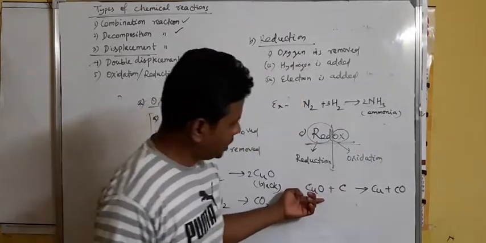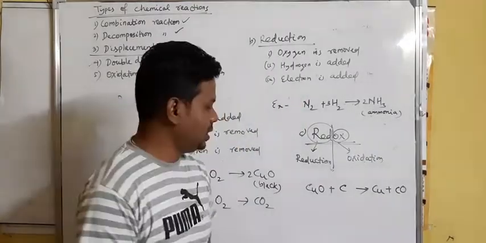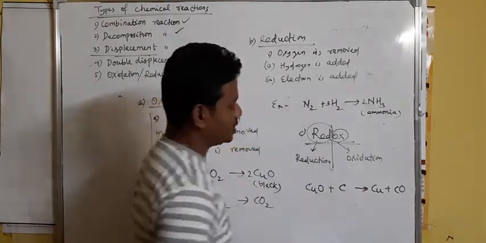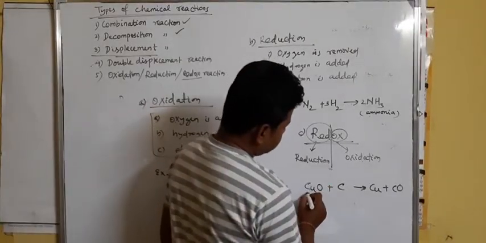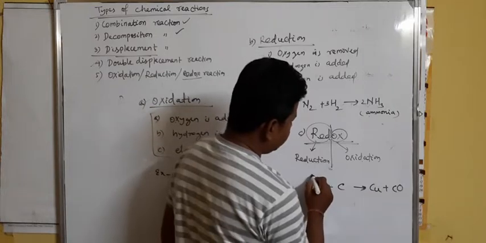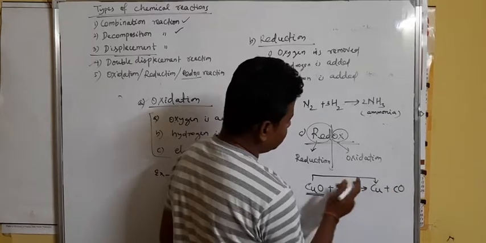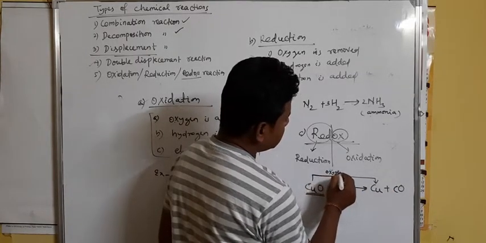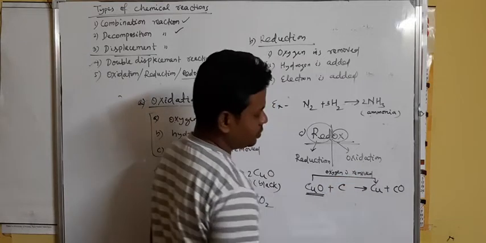So when copper oxide reacts with carbon to form copper and carbon monoxide, this reaction is called a redox reaction. Why? You see here, first it was copper oxide, then it becomes copper. It means oxygen is removed. That's why it becomes Cu.